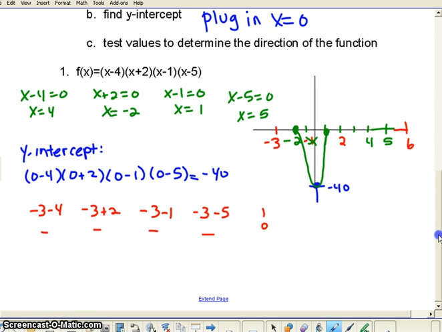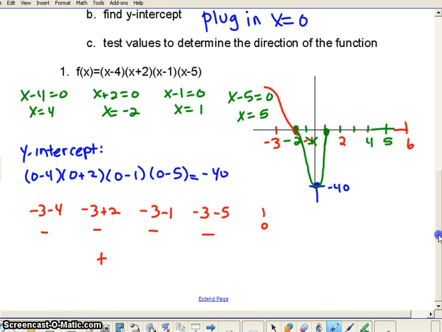So when you multiply 4 negatives, what do you get? Negative times negative times negative times negative is positive, right? So that means if I plug in x equals -3, the point is a positive answer. So my graph comes in from above up here.